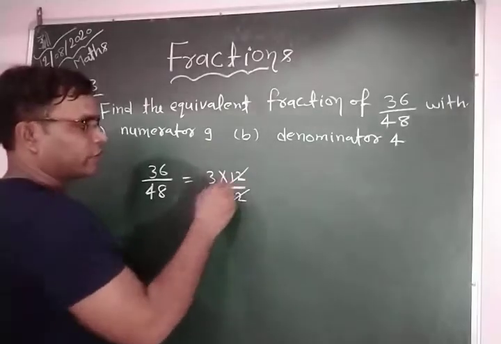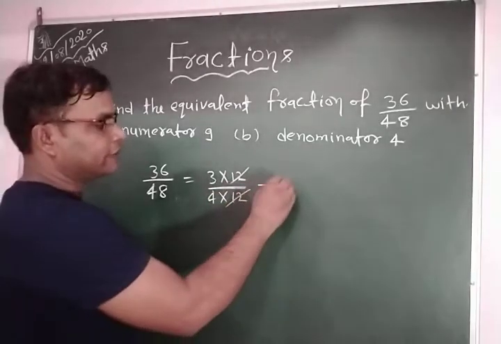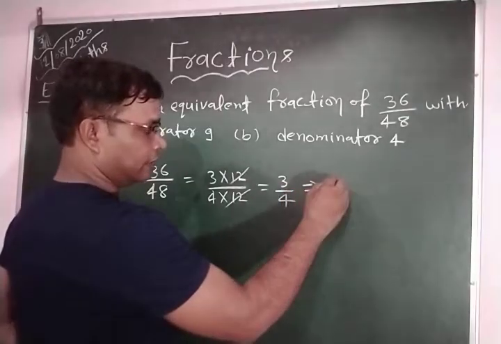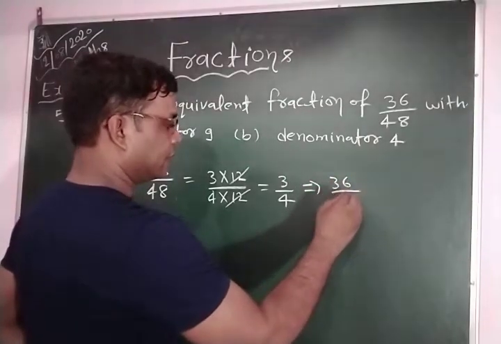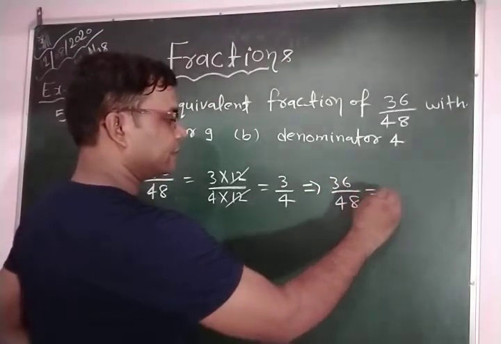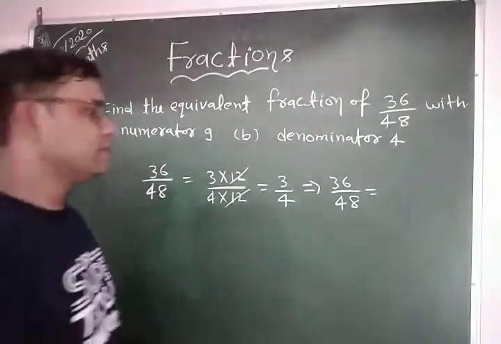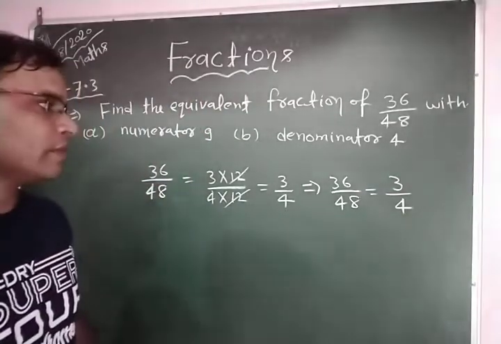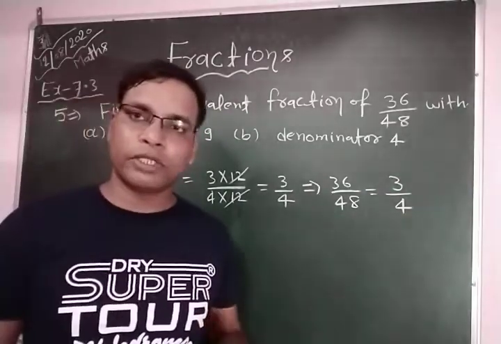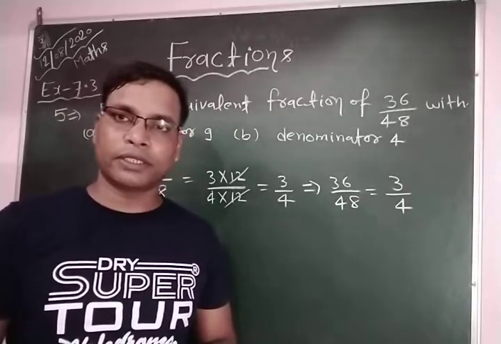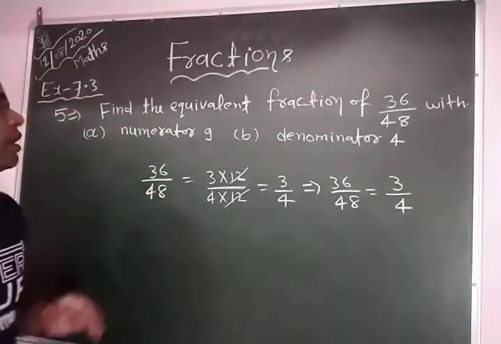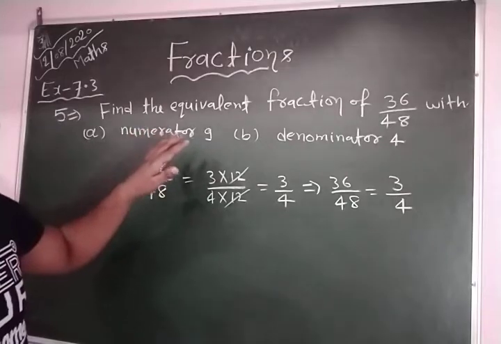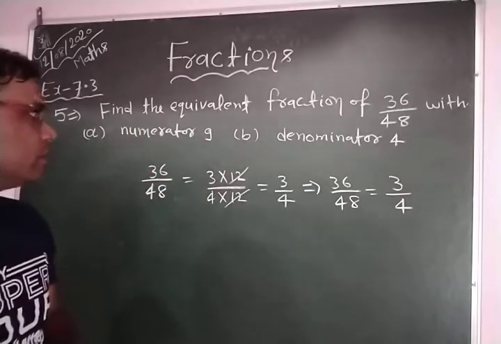So here 12 and 12 cancel and we obtain 3 by 4. So you can say 36 by 48 is equal to 3 by 4; they are equivalent fractions. Now the first condition is that we find the equivalent fraction of 36 by 48 whose numerator is 9.